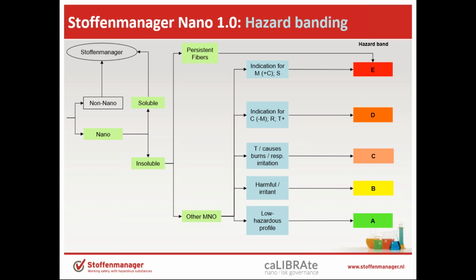Then it would also be considered a hazard band E. If it's considered a carcinogen but not a mutagen, but also has reprotoxicity or just toxicity, it's considered hazard band D. If it's respirable toxic and a respirable irritation, it's allocated to the band C. If it's considered harmful or an irritant, it's B, and if it has a low hazardous profile, it's considered hazard band A.